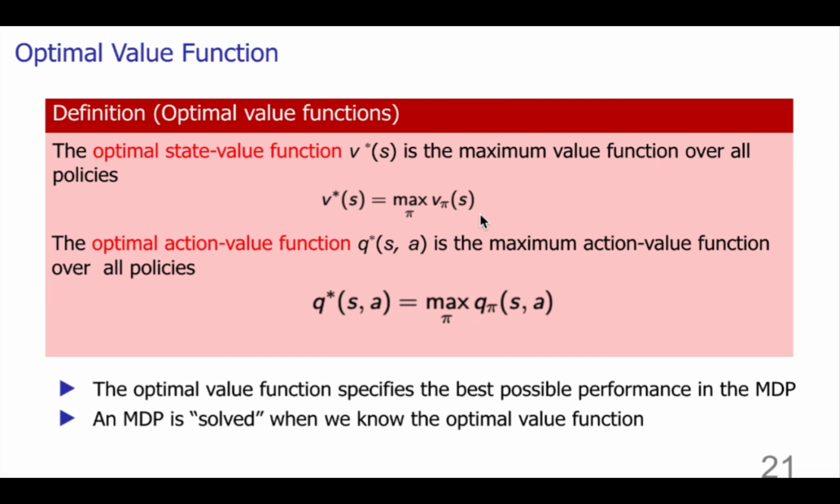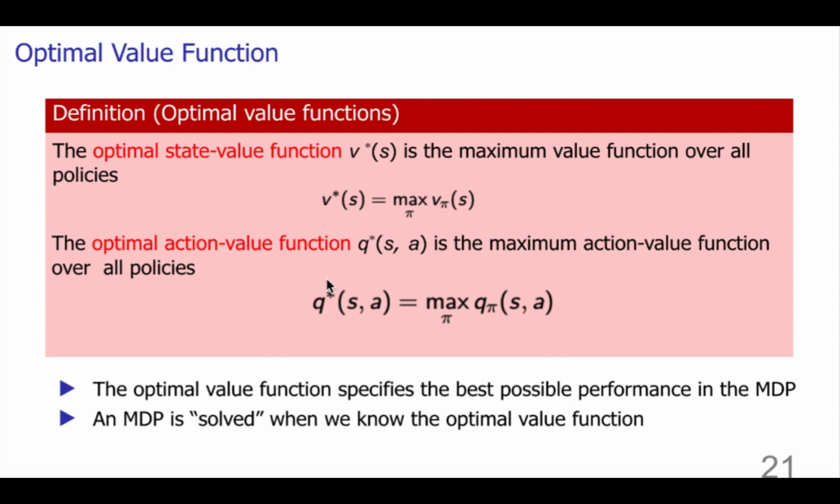So formalizing the optimal value of state: the optimal value of state is the maximum value of state over pi, given all possible policies in that reinforcement learning or MDP environment. So you can have 10 policies. For each of these policies, the value of state over that policy pi is calculated, so there will be 10 different values. From those 10 different values, the maximum one will be taken. So that is the optimal value of state.